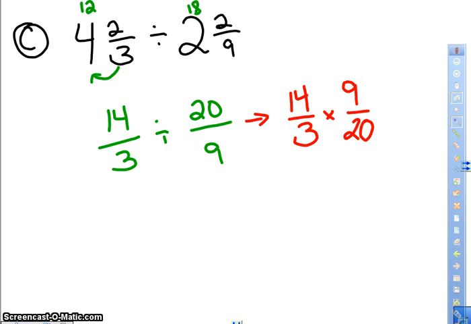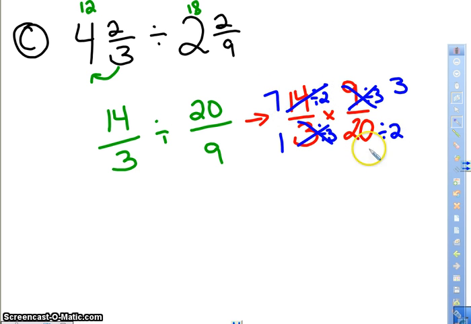Okay, in this problem you can see that I can cross reduce. So what can go into 3 and 9? Well, I can divide a 3 into both of these. 3 divided by 3 is 1. 9 divided by 3 is 3. What can go into 14 and 20? Well, we know 2 can. They're both even. So 14 divided by 2 is 7. 20 divided by 2 is 10.